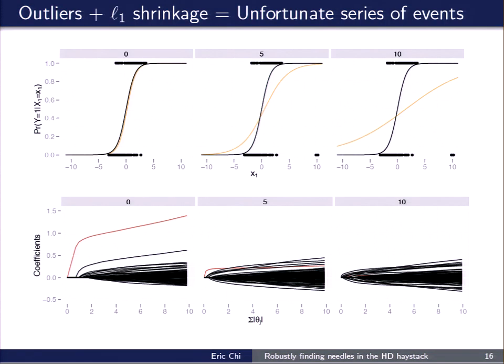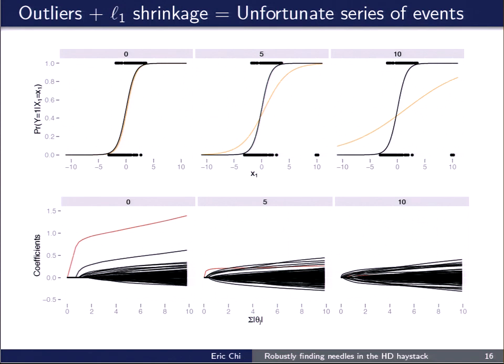So I just have another little simulated example here. I have one true predictor variable that's generating my data, and I've thrown in 9,999 noise covariates. And you'd like for your L1 penalized logistic regression model to extract that one relevant predictor. In the clean case, you see that.